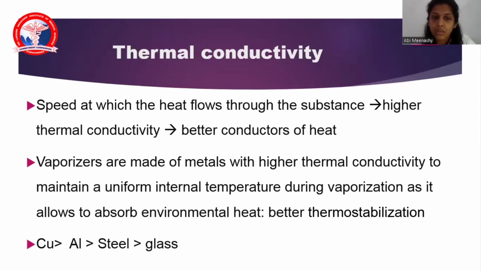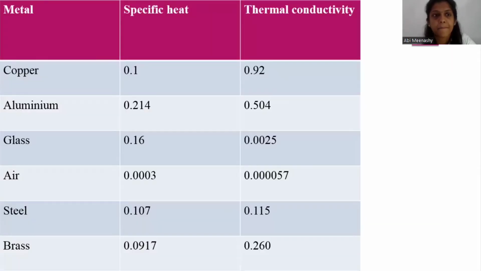It allows absorption of environmental heat, so there is better thermostabilization. Copper is more thermostable than aluminium, aluminium is more thermostable than steel, and steel is more thermostable than glass. Here we have listed various metals and their specific heat and thermal conductivity.